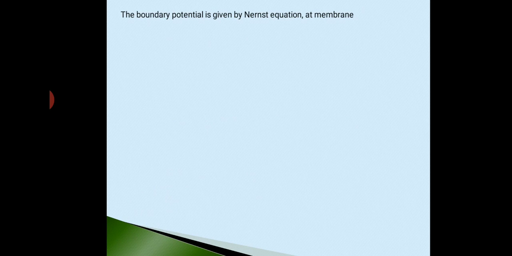Okay, now what is this boundary potential? We just defined boundary potential, what exactly it is. Because of the exchange of H+ ions, there will be a potential developed across the bulb. That potential is called the boundary potential. Now mathematically what exactly is it? Eb is nothing but E1 minus E2, simple.